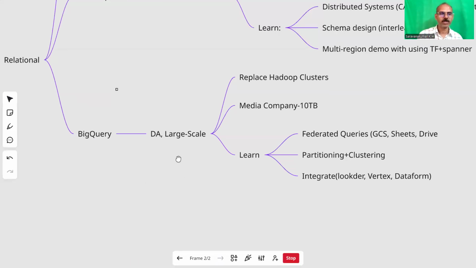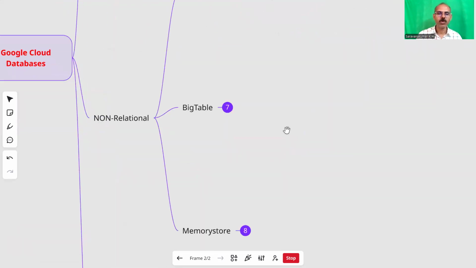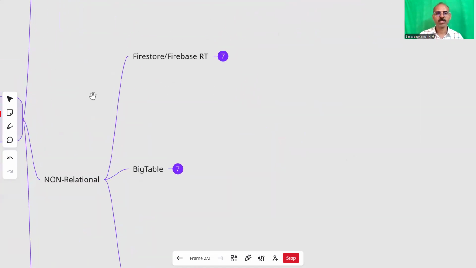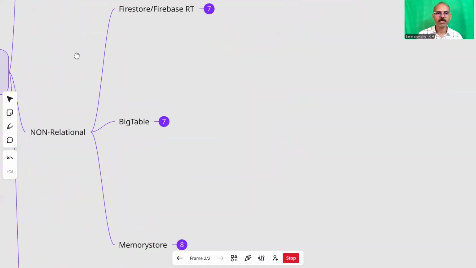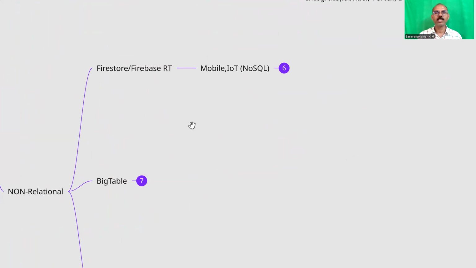Google Cloud platform. The next type is non-relational databases. Here, there are three main distinctions: Firestore, Firebase real-time database, Bigtable, and Memorystore. When we talk about Firebase or Firestore, mainly this is utilized in IoT and mobile apps.